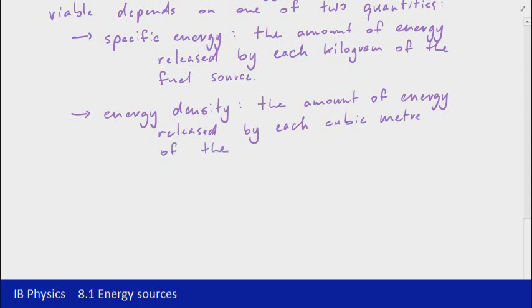They sound like they're sort of similar, and in a way I guess they are, but critically the difference is that if you've got a very dense fuel source, then the amount of mass that you're going to consider is going to come into play, whereas if you've got a fairly low density source, then specific energy might actually be one that you want to consider more carefully.